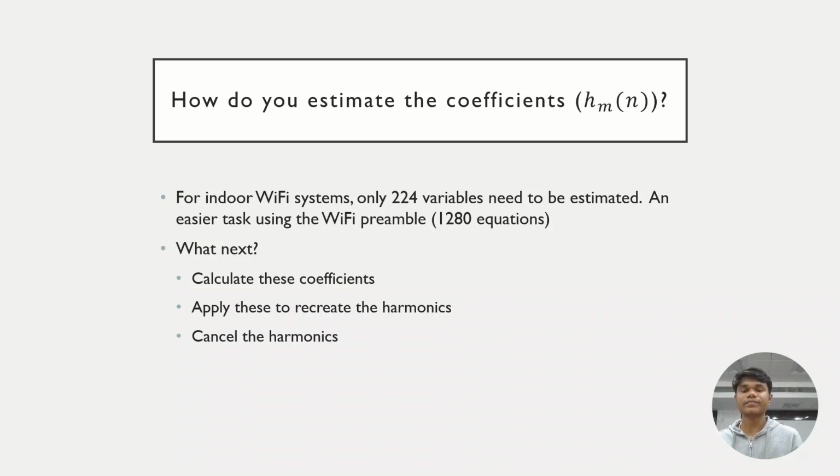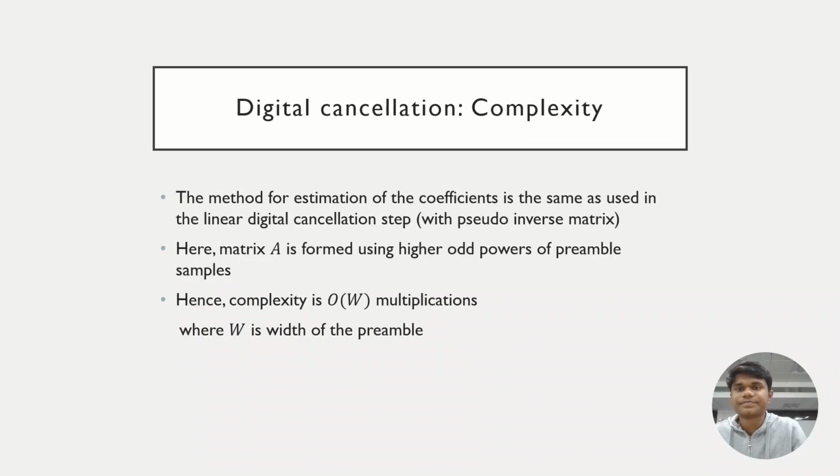Apply these to recreate the harmonics, because anyways we are trying to model the output from that nonlinear function, and when we are able to model it, we just cancel the harmonics. Simple.